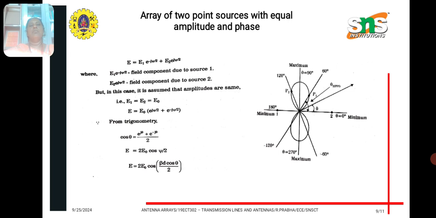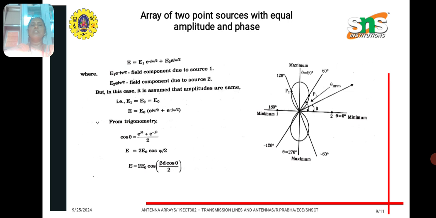Now we calculate the total field. The total field E is due to the individual antennas. For the first antenna and the second antenna, both have the same amplitude of voltage, so E1 and E2 are equal to E. For the first antenna there will be a phase lag compared to the second antenna, so e power minus j psi by 2 for the first antenna and e power plus j psi by 2 for the second antenna.